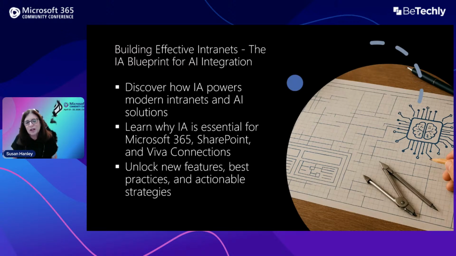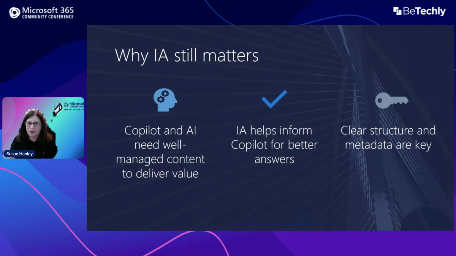I plan to focus on practical tips and advice and all the things I've learned in building intranets for hundreds of organizations. We hear a lot about AI today, but AI gets better outcomes when it's grounded in great content, and that's really where IA comes into play. IA meaning information architecture, which actually still matters in the era of AI.